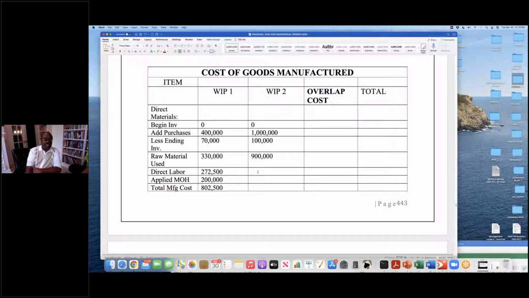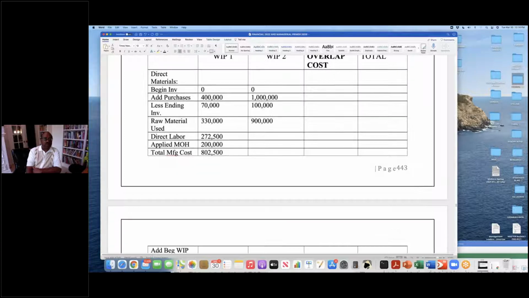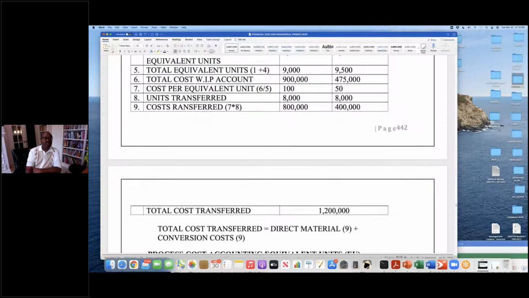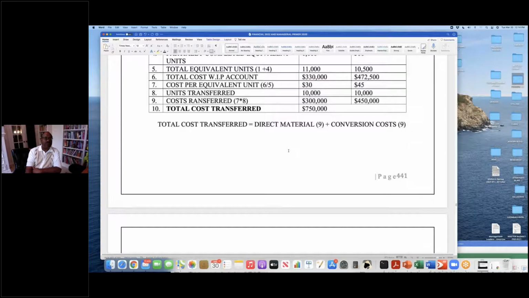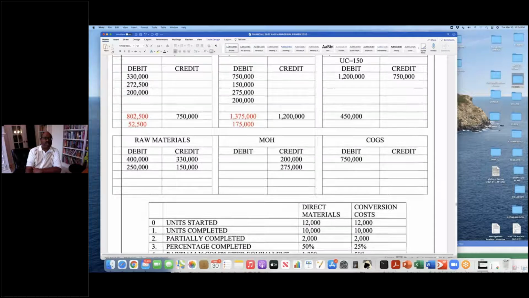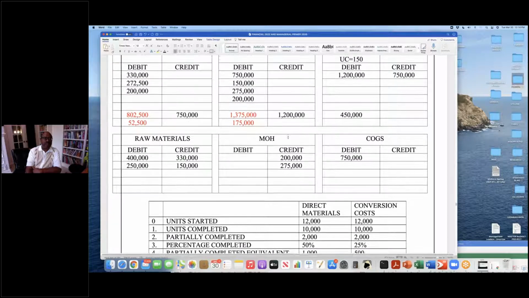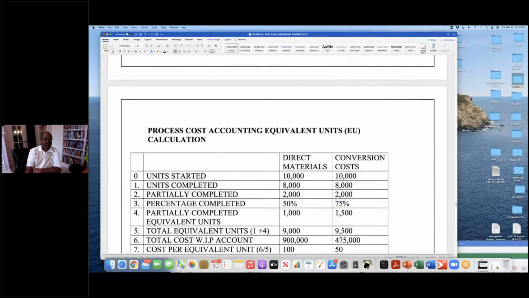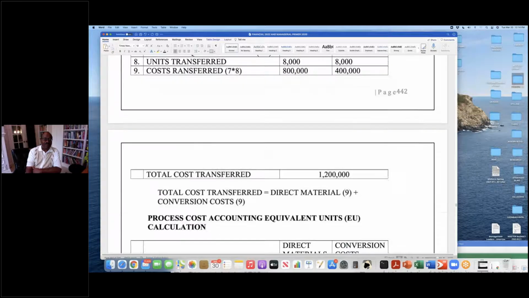How much is our labor and overhead? Are we using whatever's in the account? Oh, okay. 275 and 200,000. I just want to make sure those are the right numbers we're using, because it kind of threw me off with the materials purchase.